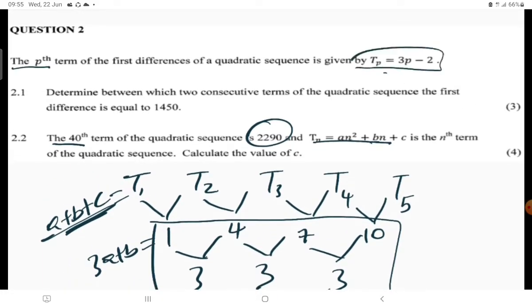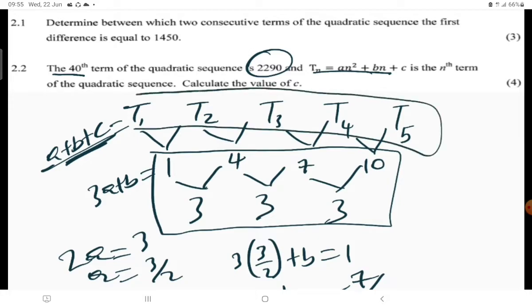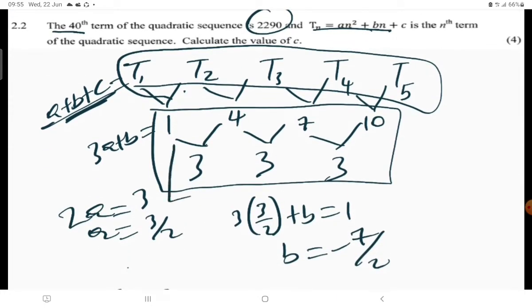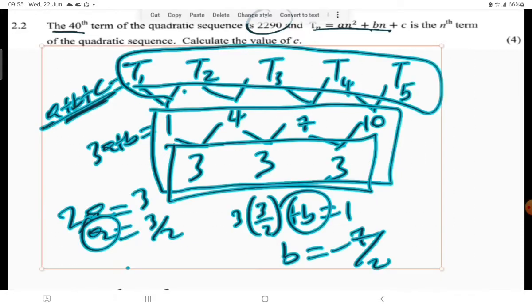The quadratic was really difficult to work with, so we just had to use the first difference formula, that linear formula given there, to generate the second constant difference, so that we are able to find A and B. So this is basically what we just did for this question.